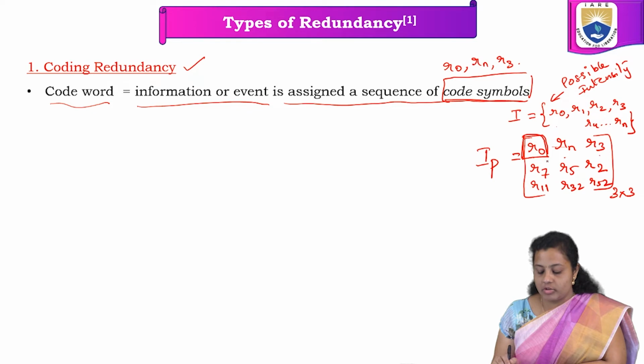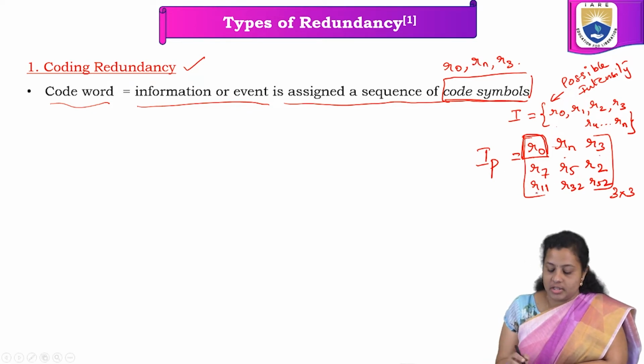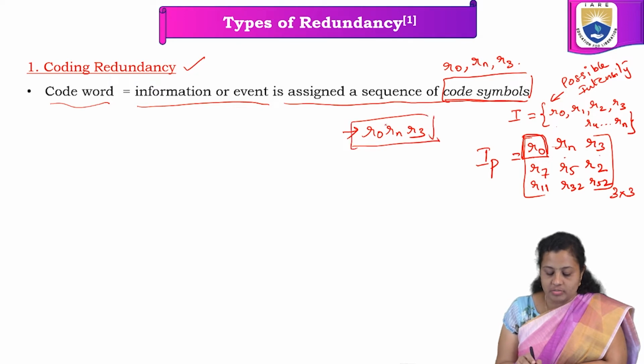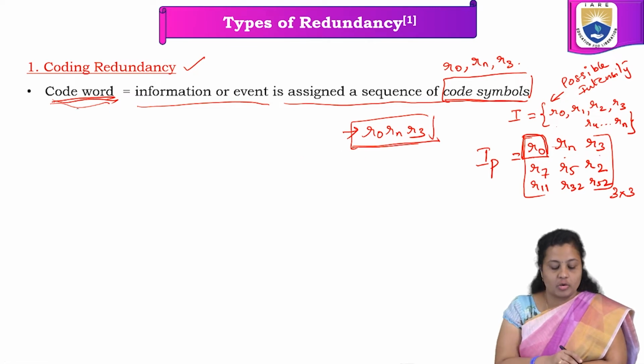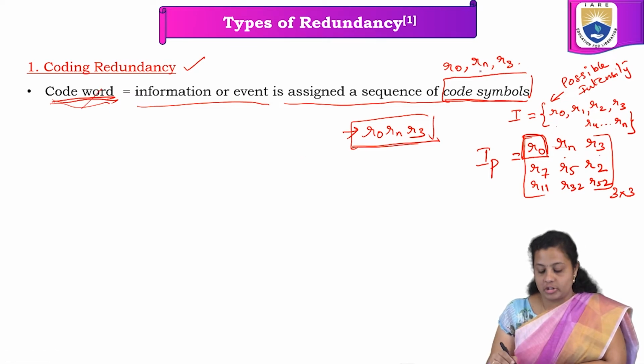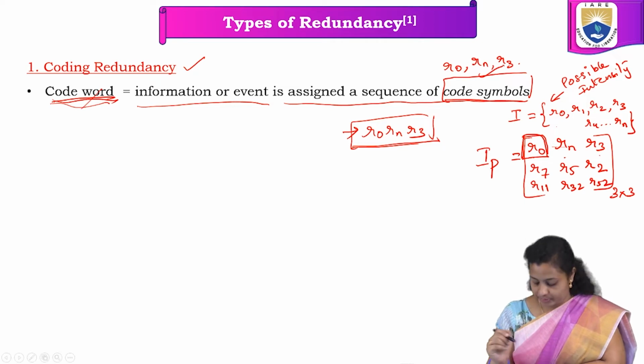The sequence in which these intensity values are placed in our image, for example the first row, is given by the sequence R0, Rn, R3. This sequence of code symbols is called a code word. So now we understand what a code word is and what a code symbol is.